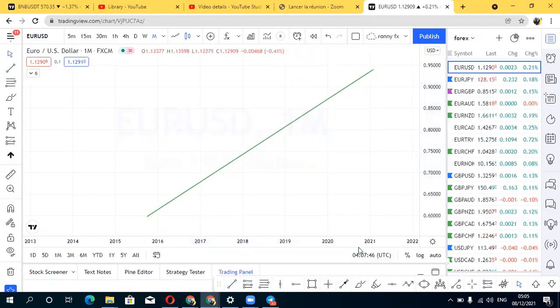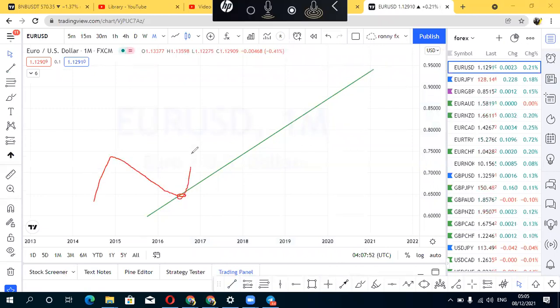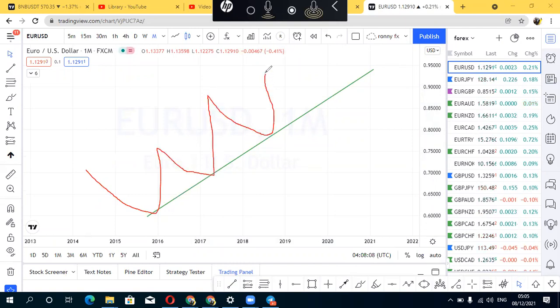We can either have an uptrend line where the market can always come, bounce on that line, and go up. So a trend line will serve as a point of entry for a new trade. An uptrend line will serve as a support. So it's another way of drawing support and resistance, but diagonally.